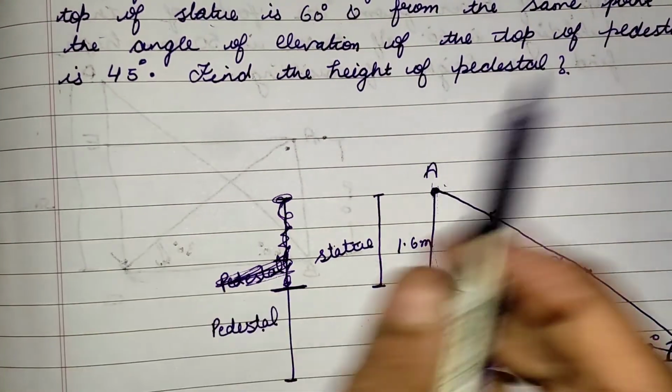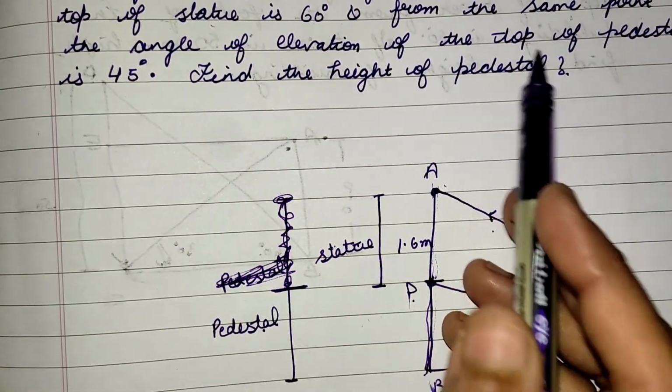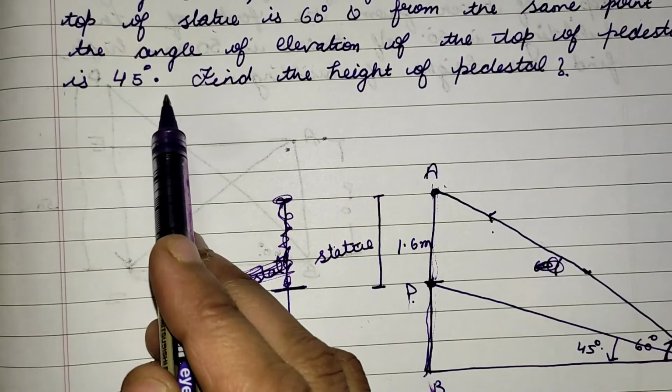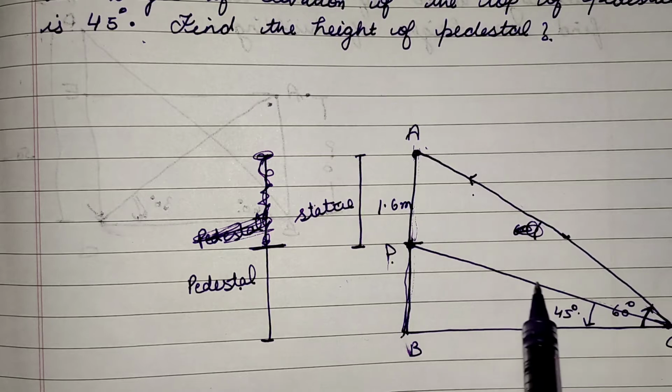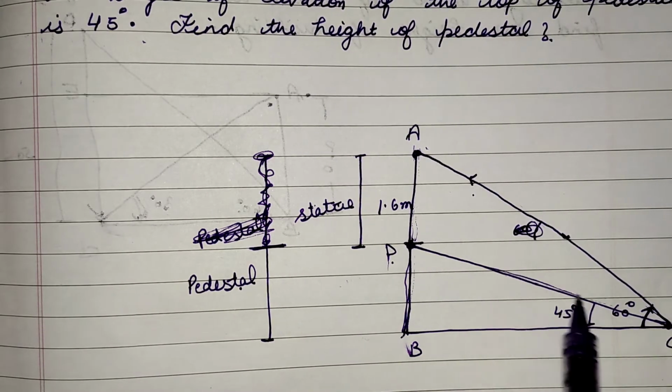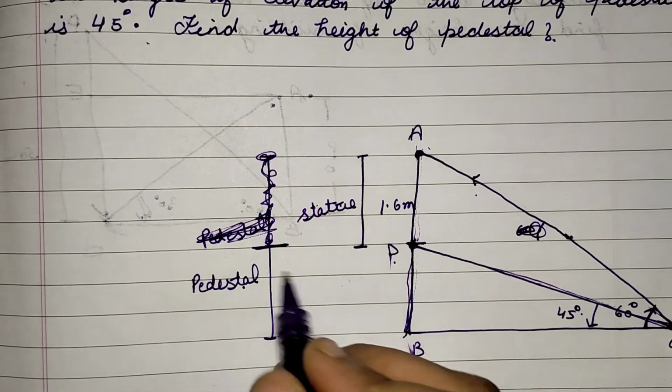And from the same point the angle of elevation at the top of the pedestal is 45 degree. So the angle of elevation from this same point is given to us equal to 45 degree.